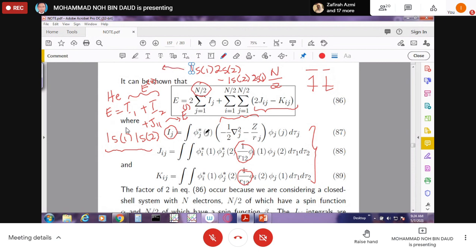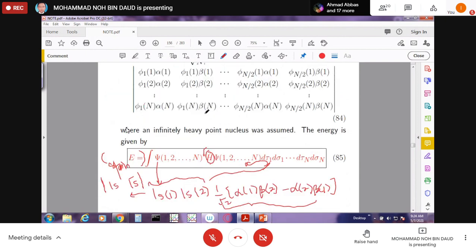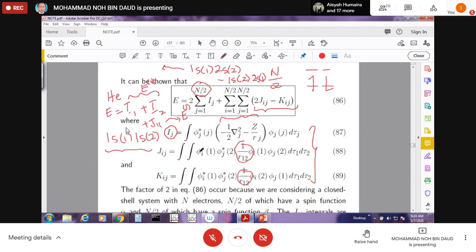When you substitute here, using this Hamiltonian operator, you can get this energy: I1 plus I2, plus J11 minus K11, using these definitions of what I call the Coulomb energy and the exchange energy.